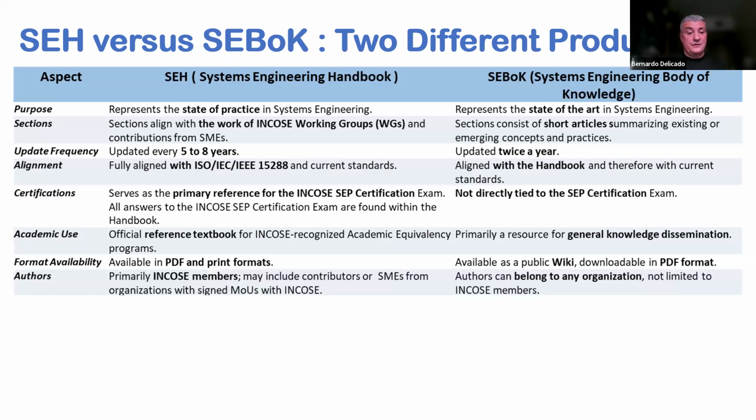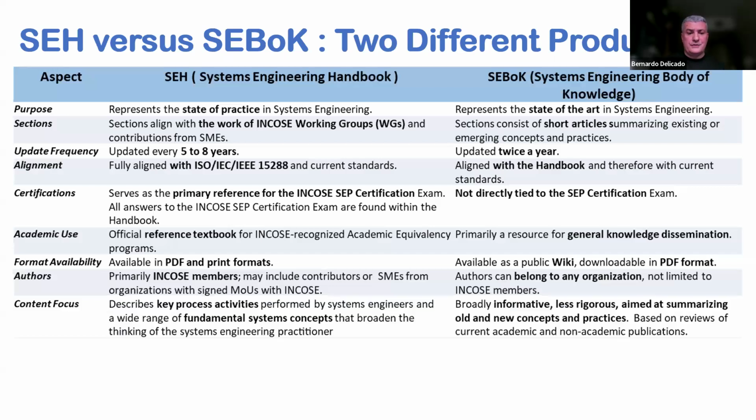In terms of authors, primarily INCOSE members in the case of the handbook, and it may also include contributors or subject matter experts from organizations with signed MOUs with INCOSE, like IEEE, etc. In the case of the SEBoK, authors can belong to any organization, of course recognized or endorsed by the editorial team, but not limited to INCOSE members.